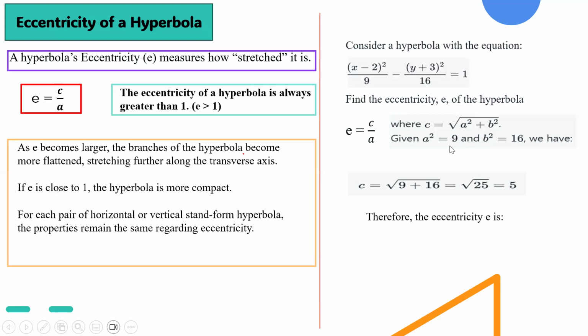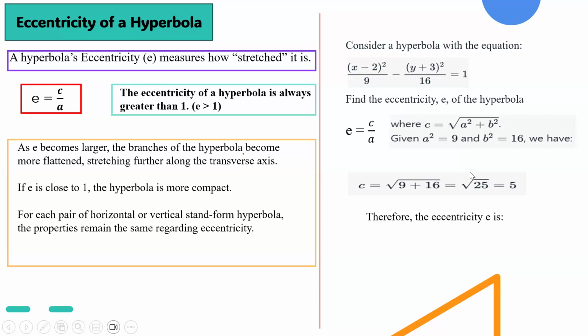Now, when she was explaining the formula, it was x squared over a squared minus y squared over b squared. Now, in this example, a squared is going to be equal to 9 and b squared is going to be equal to 16.